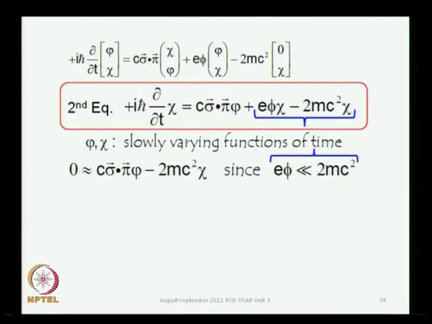So, here is an approximation, no doubt, but not a bad one. So, the left hand side becomes nearly 0, because chi is mostly independent of time, being only mildly dependent on time. So, the left hand side is very nearly 0, and the right hand side between these two terms I have taken the significant term, which is minus twice mc square chi, and because this is not quite exact, I write this as nearly equal to rather than exactly equal to, but having understood this difference, we can use the equality.